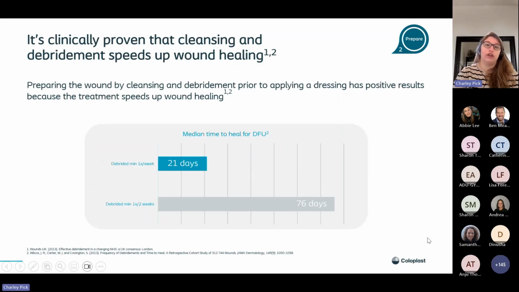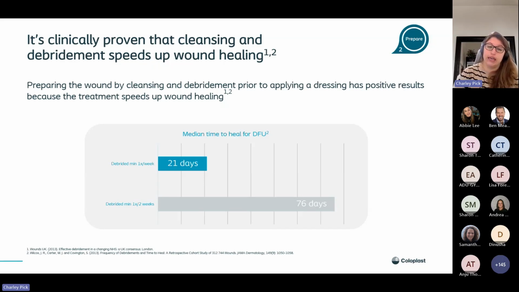So it's clinically proven that cleansing and debridement speeds up wound healing. This is taken from a Wilcox study, which was done in 2013, and this looked at just over 310,000 patients and the frequency of debridement. This part here that you can see, the median time to heal for diabetic foot ulcers, was for around 50 to 60,000 patients with a diabetic foot ulcer.